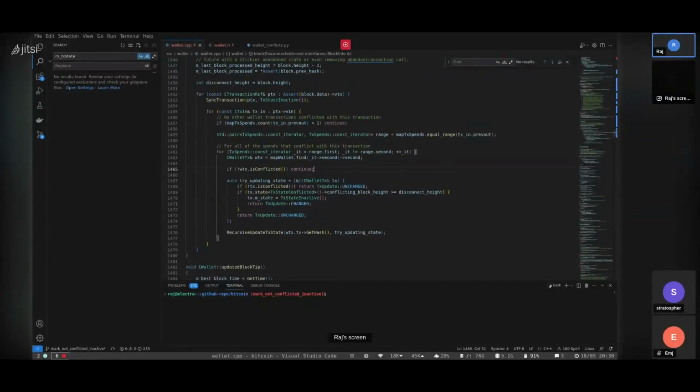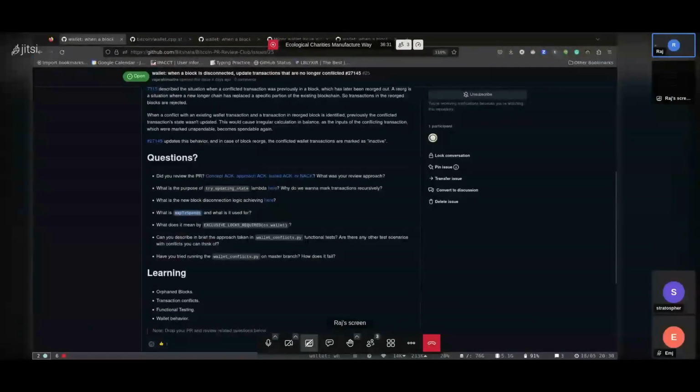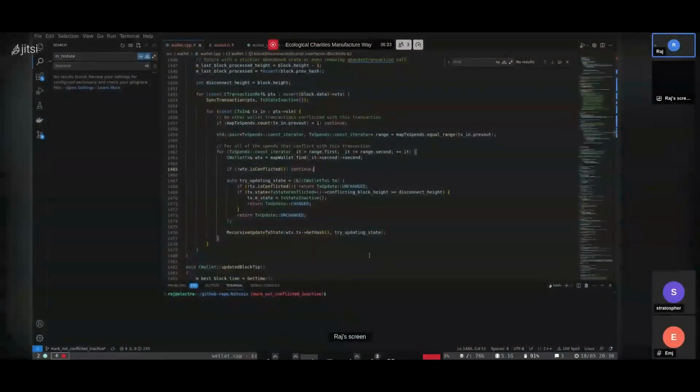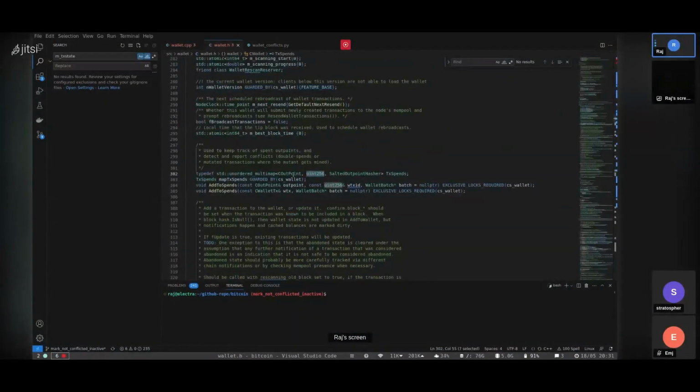Yeah. So what was the question that we were discussing? mapTxSpends. So basically, mapTxSpends is a map of outpoint and the hash of the transaction that's spending that outpoint. And it's useful to track all the spends of the wallet.